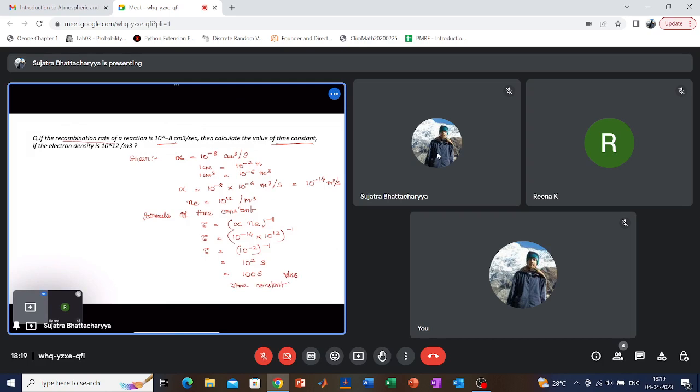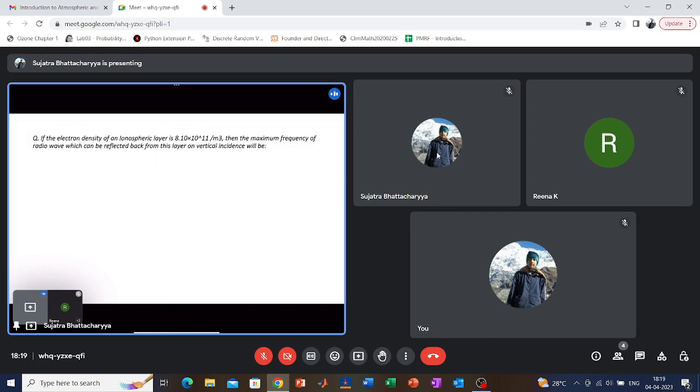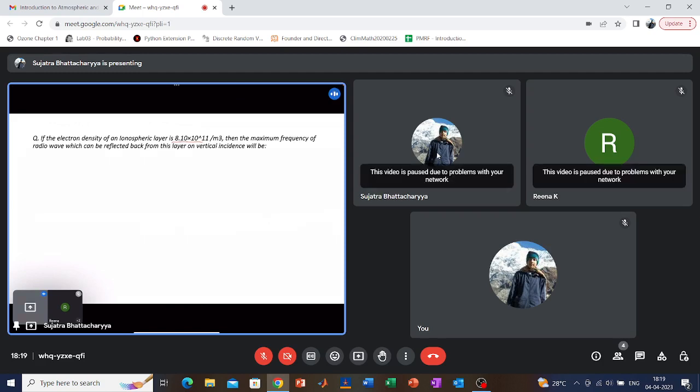Okay. Now going to the next question. It is given here: if the electron density of an ionospheric layer is 8.1 into 10 to the power 11 per meter cube, then the maximum frequency of the radio wave which can be reflected back from this layer at vertical incidence will be.